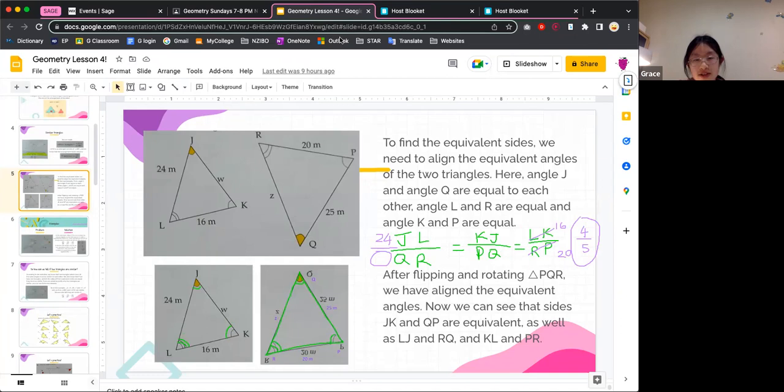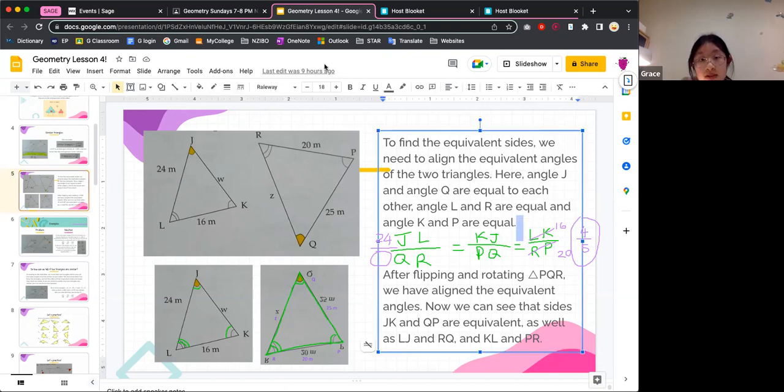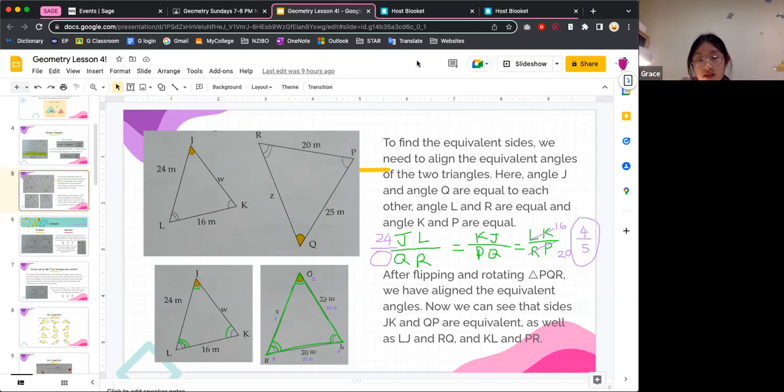Feel free to type your answers in the chat or annotate the screen. Any ideas? It's just equivalent fractions. Just annotate it.